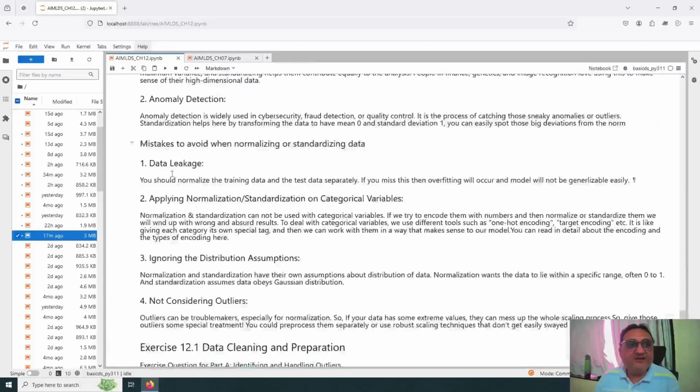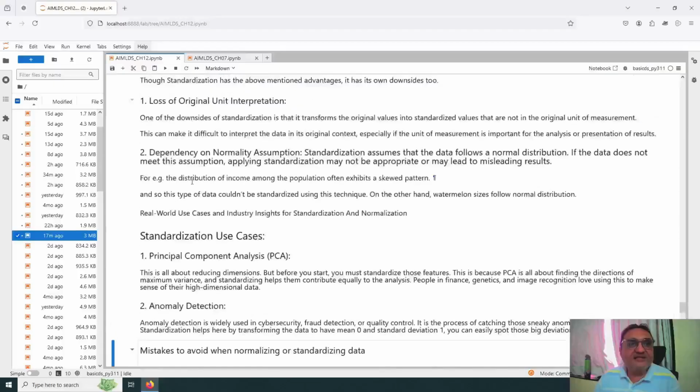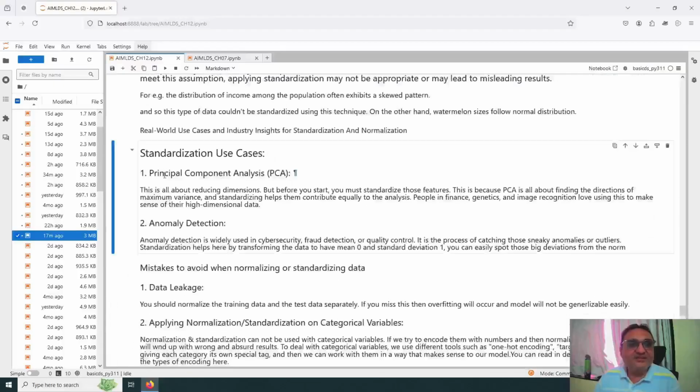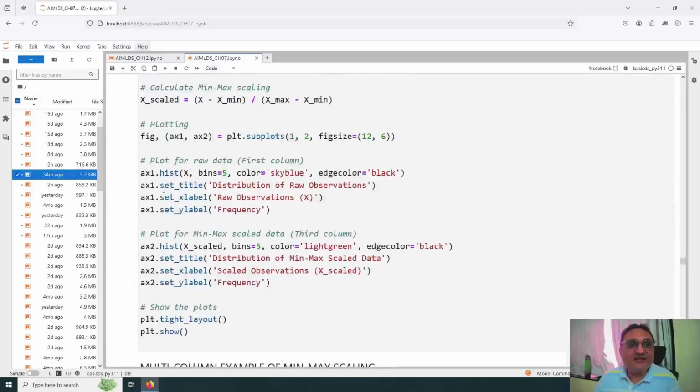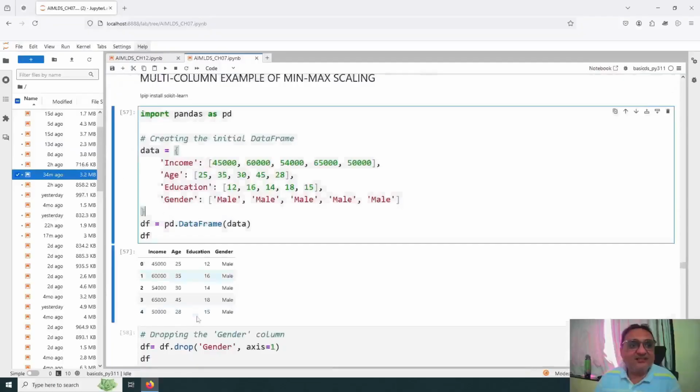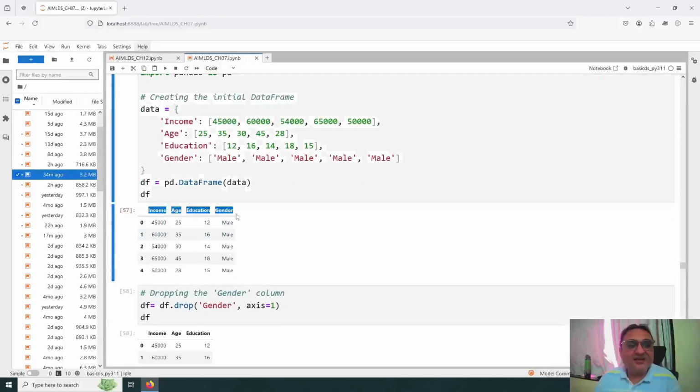Okay. Now here, standardization use cases. One use case is an important technique called principal component analysis. Why is that technique so important? Because many times your data frame has several columns. Say this data frame has income, age, distribution, gender, and there can be even more, 5, 6 columns, say 10 columns, even 20 columns.